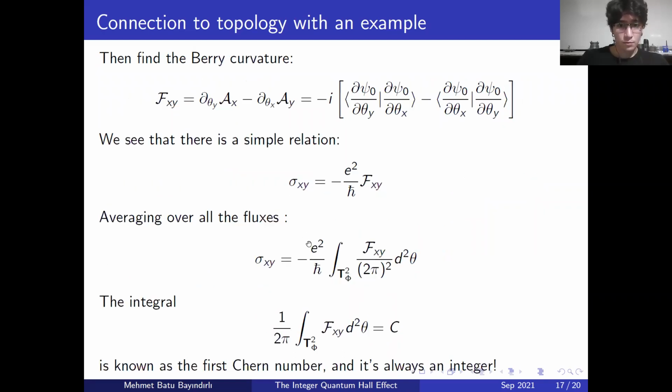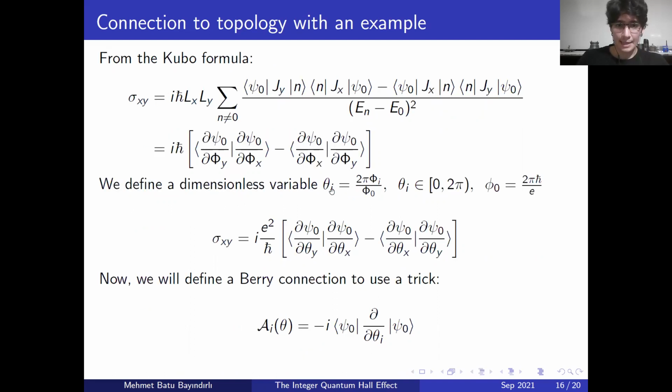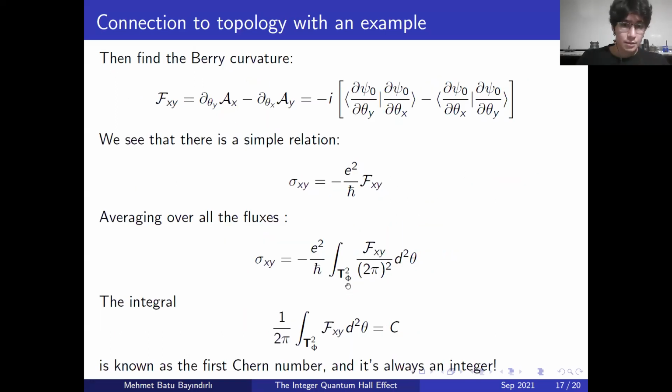So when we average over all fluxes, we write the same, nothing important. So what I mean by all fluxes is that we divide by 2 pi because we integrate over theta x and theta y, and they are both in the range 0 and 2 pi. And by the previous relation I've given to the topology, this integral is over a closed surface.